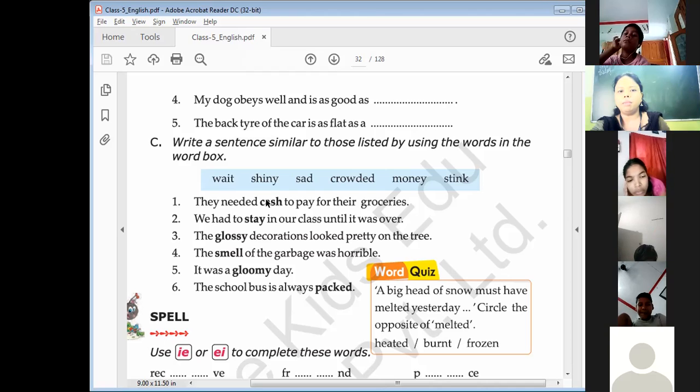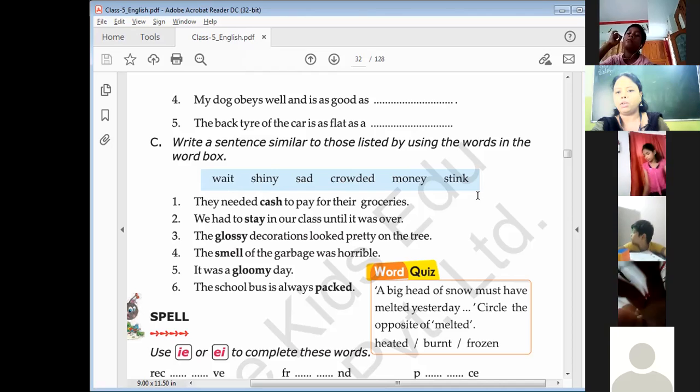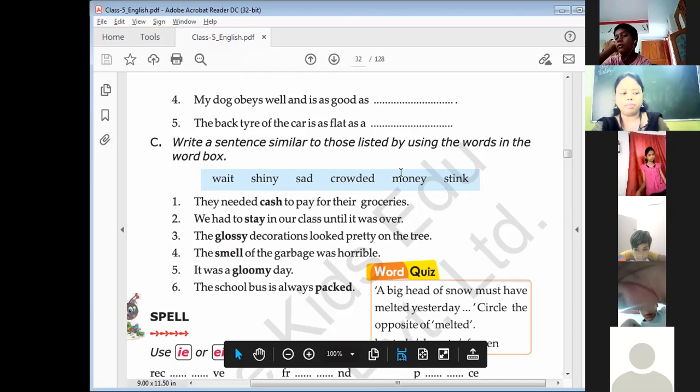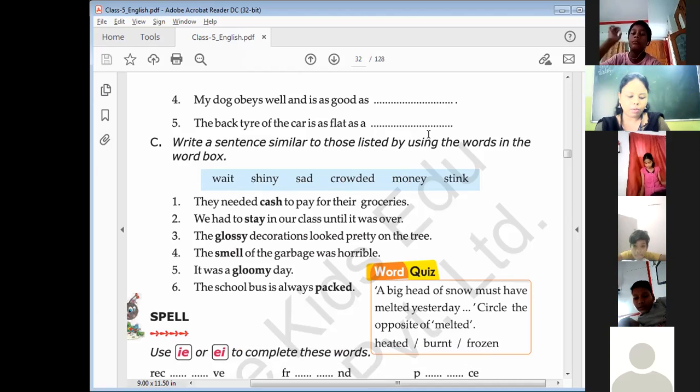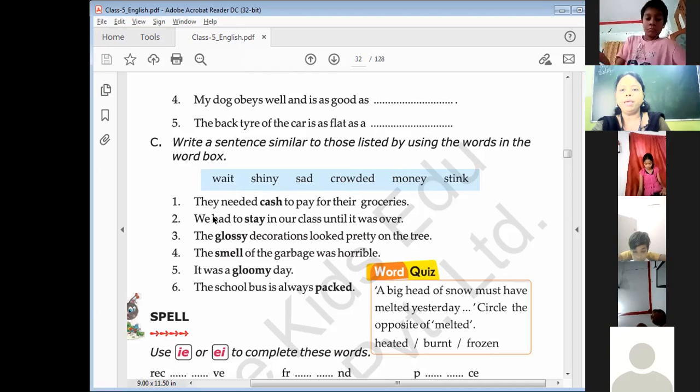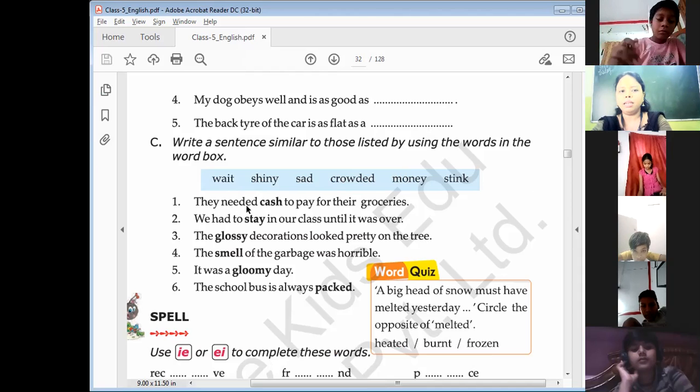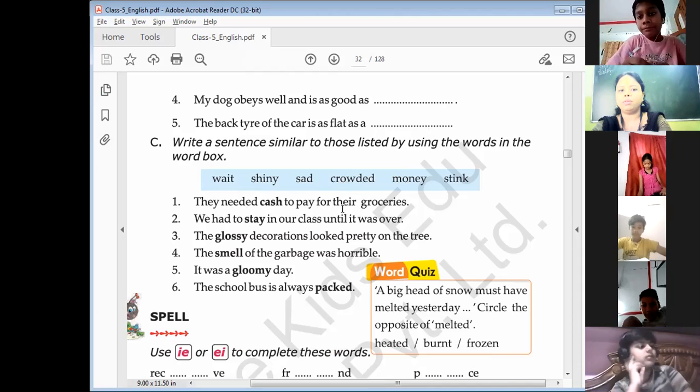The similar word of cash is wait, shiny, sad, crowded, money, or sting. Which is the similar word? The similar word is money. Understand? So you have to make a sentence using this word, like they needed money to pay for their groceries.